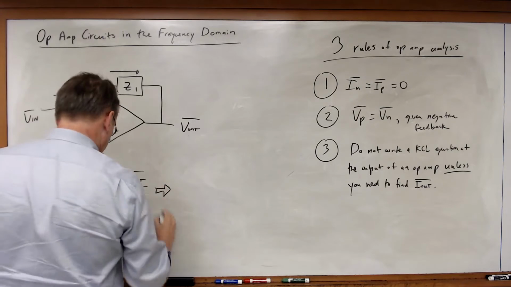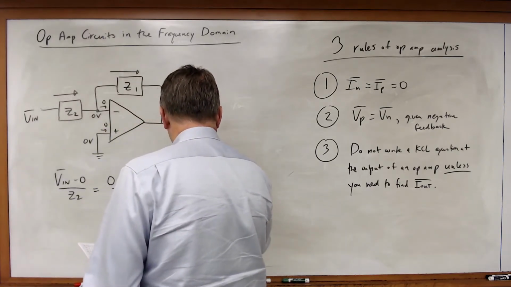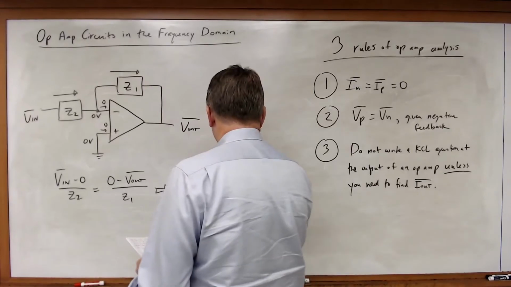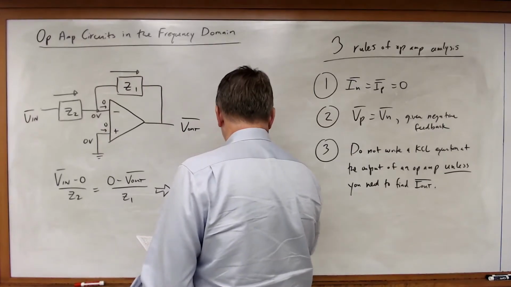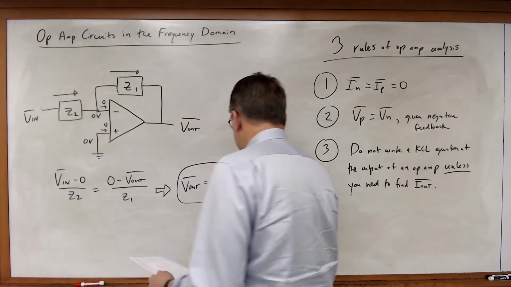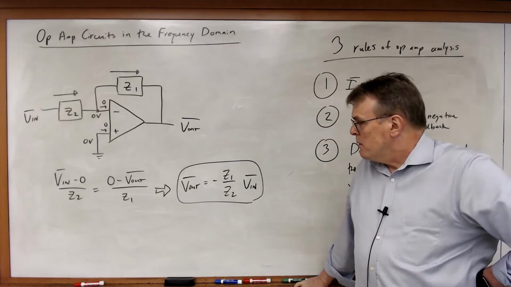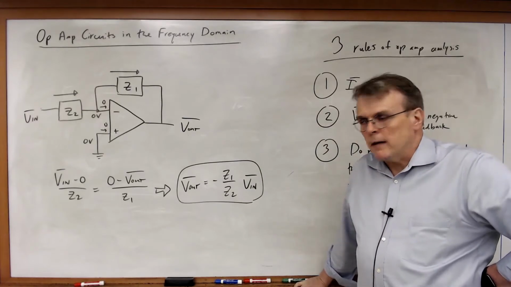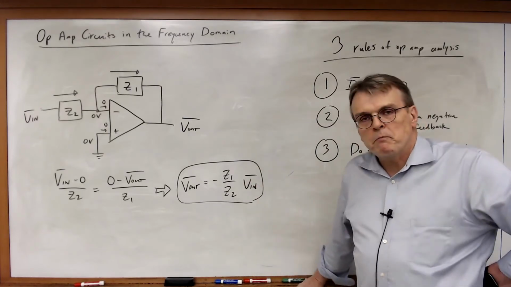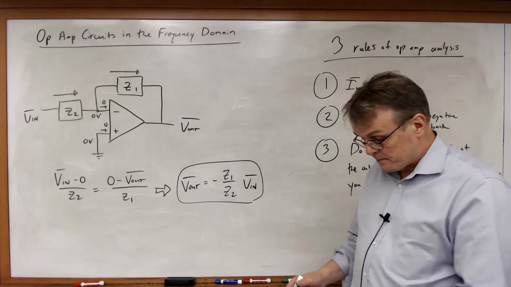And from here we can easily prove to ourselves that Vout is just equal to minus Z1 over Z2 times Vn. So fundamentally this is no different than the inverting amplifier we saw using resistors as feedback elements, but now we're doing this with phasors and generalized impedance values.